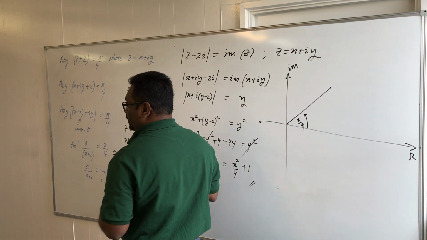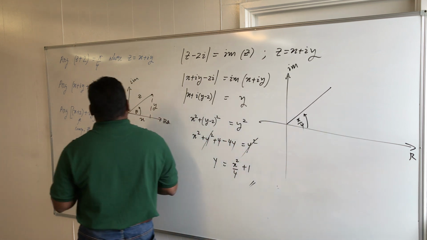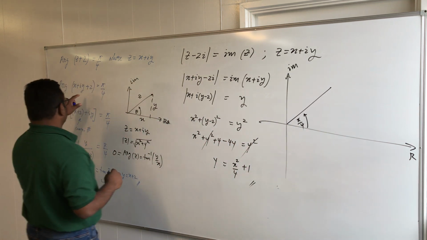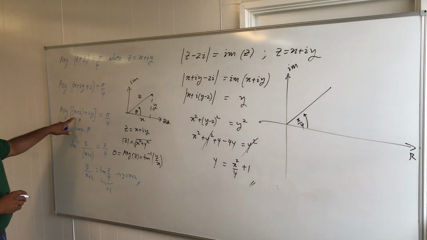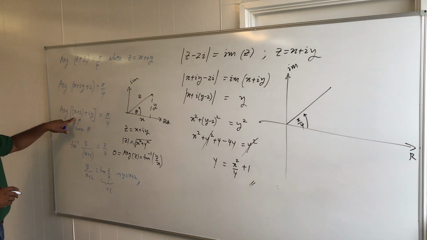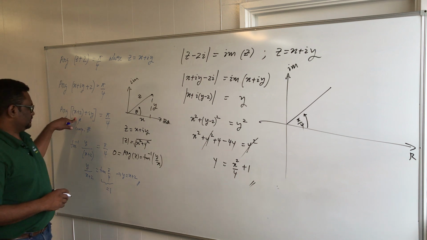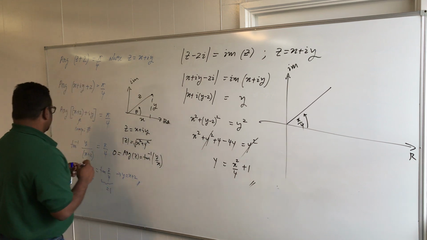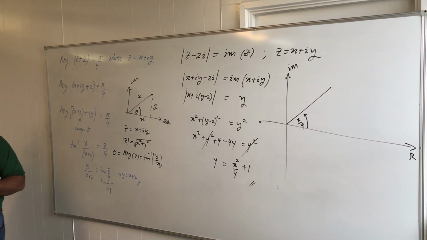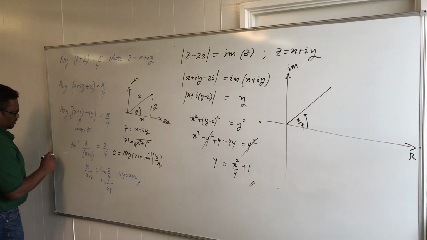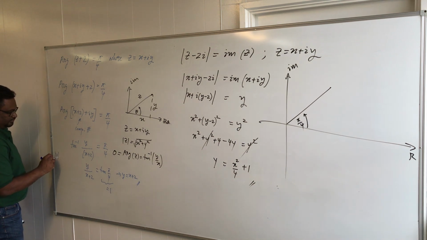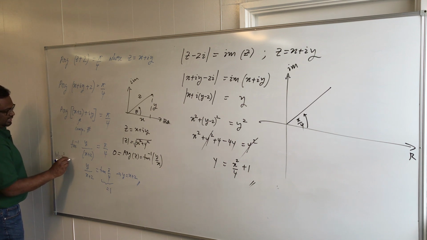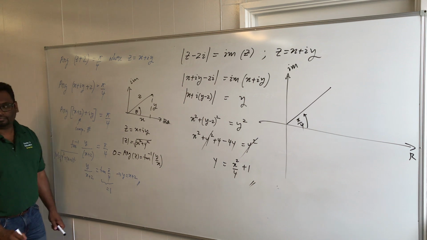What is my magnitude now, guys? So the magnitude of this one is what? I'm in the u one. So in u, the magnitude is what? It would be the square root of y squared plus (x plus 2) squared, right?